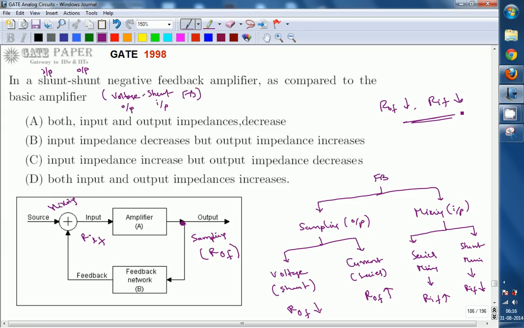Both input and output impedances get reduced. So the right answer for this one is A. Both input and output impedances get reduced. Thank you.